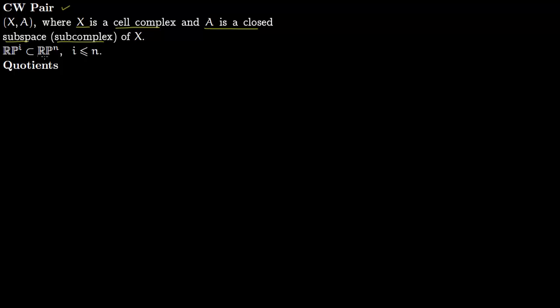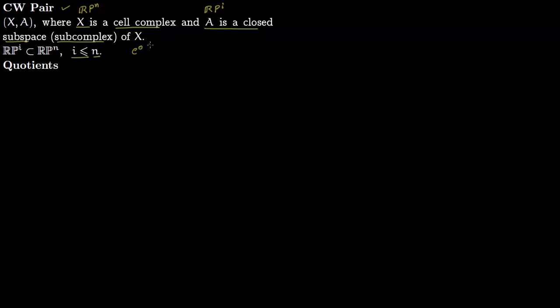The standard example we will give is this: RP^n contains RP^i, that is, real projective space n contains real projective space i. So X is RP^n and we are saying A is RP^i. So this RP^i is naturally contained within RP^n. First we write the cell structure for RP^n, where n is greater than or equal to i.